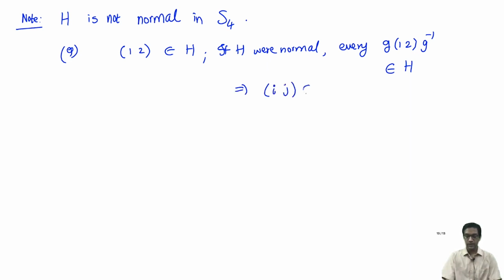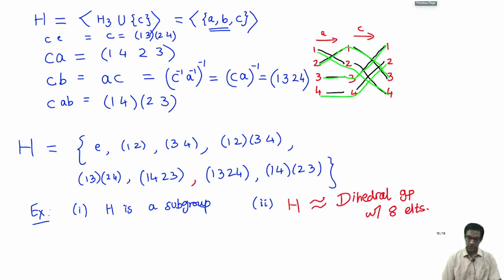All the other elements of the form (i j), for i not equal to j, with i and j running between 1 and 4, should also belong to H. So every other possible transposition would also live in H. But observe from our description of H that H only has 2 of these transpositions: it's got (1 2) and it's got (3 4). In all there are 4 choose 2, which is 6 transpositions inside the group S4, and H only contains 2 of them. It doesn't contain the other transpositions.